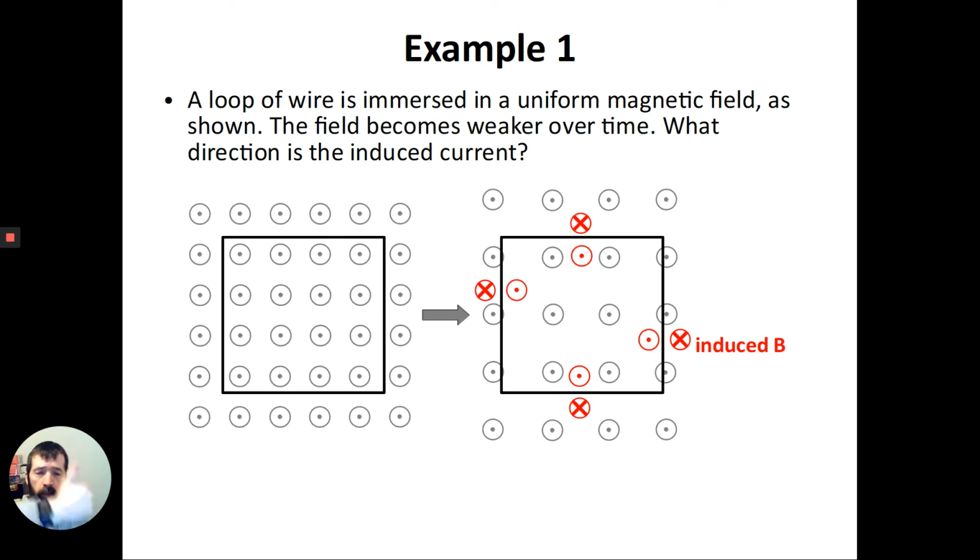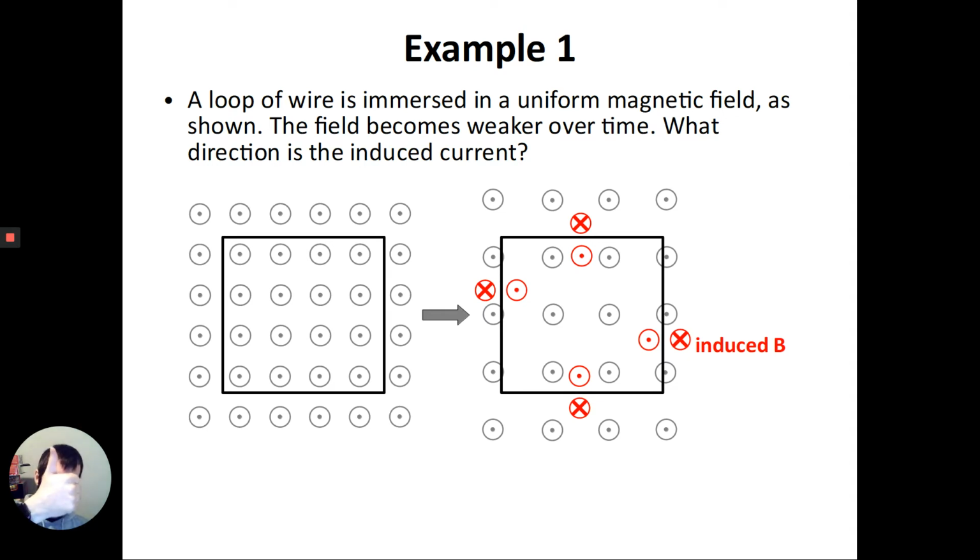And if it's flowing up like this, then you can see that on the right side of my thumb, which is like the right side of the wire, the fingers are going into the screen. And that's what I want. I want X's on the outside and dots on the inside.